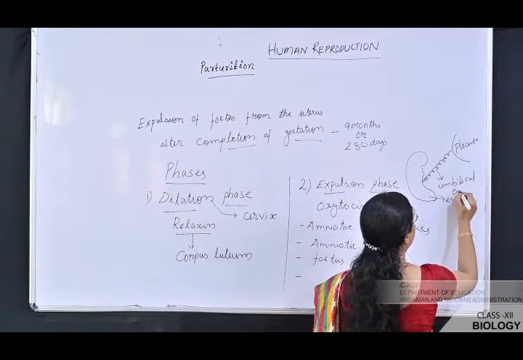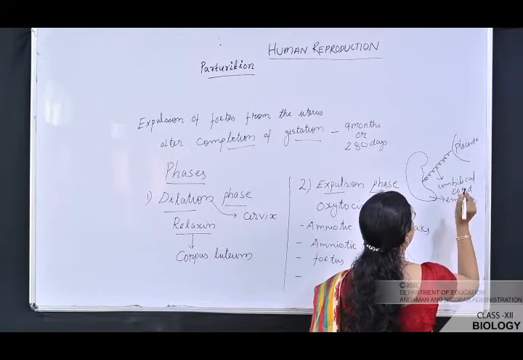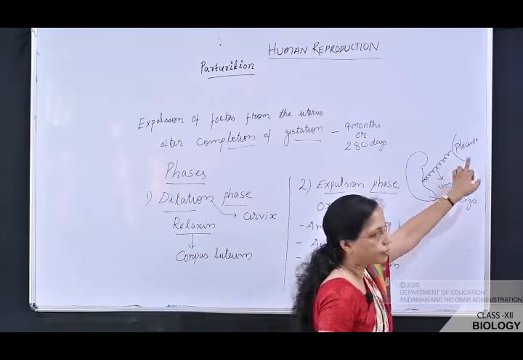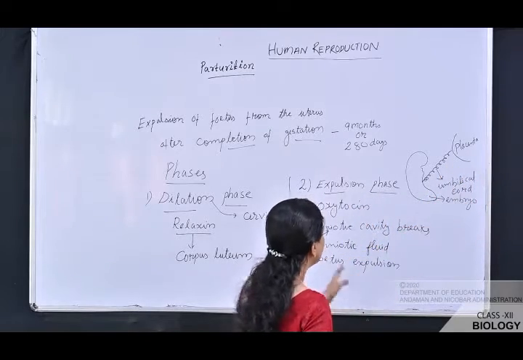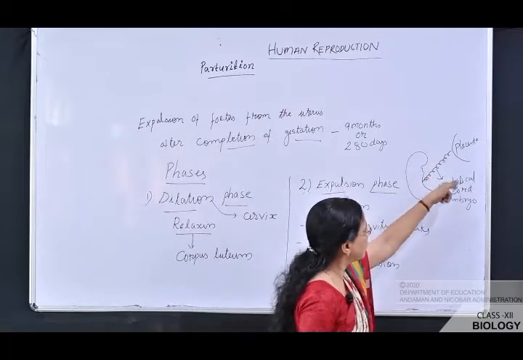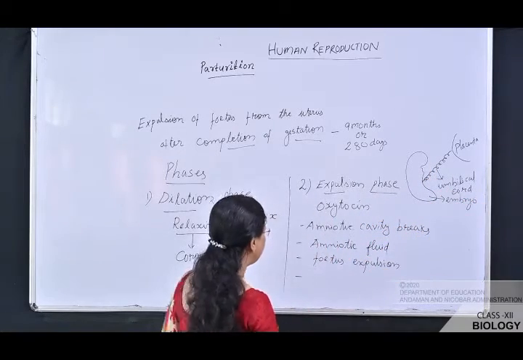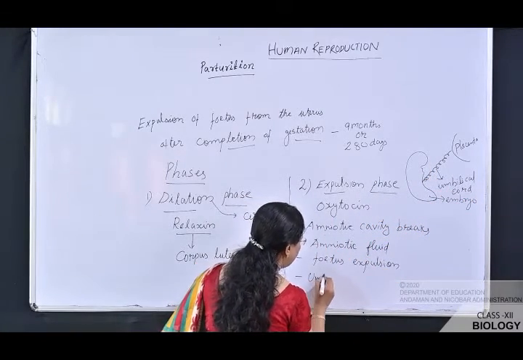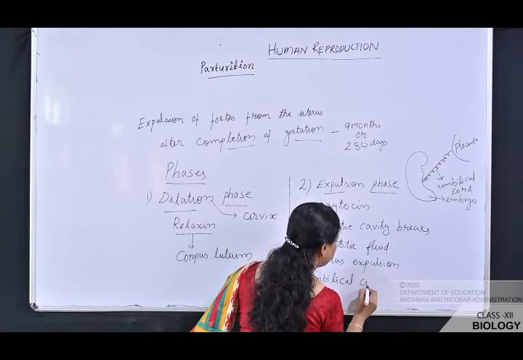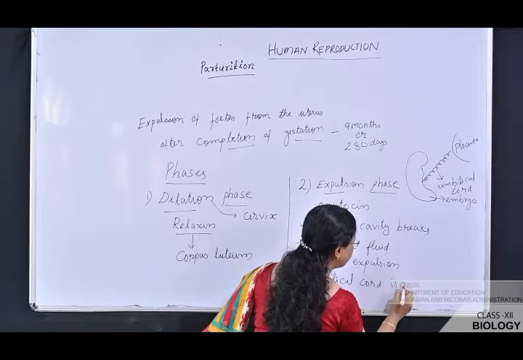So what is this umbilical cord? It connects the embryo with the placenta. After expulsion, this umbilical cord gets separated by cutting. So we can write here: umbilical cord is cut.